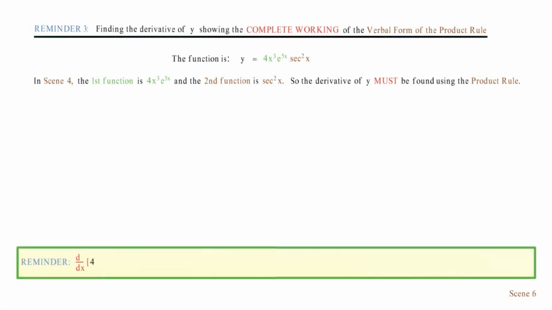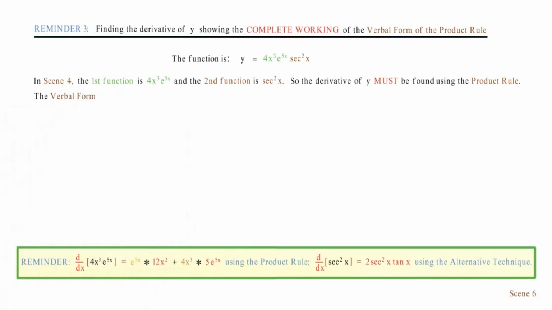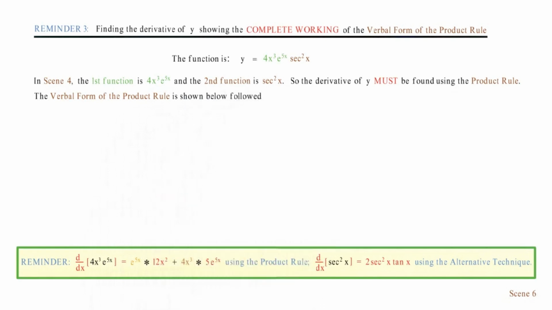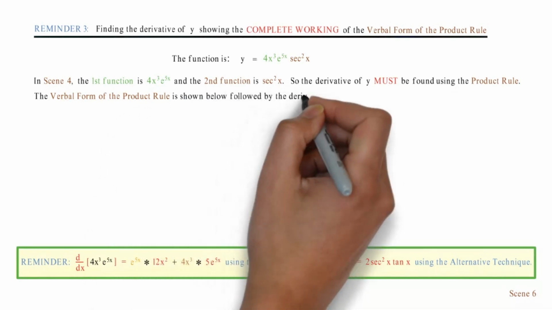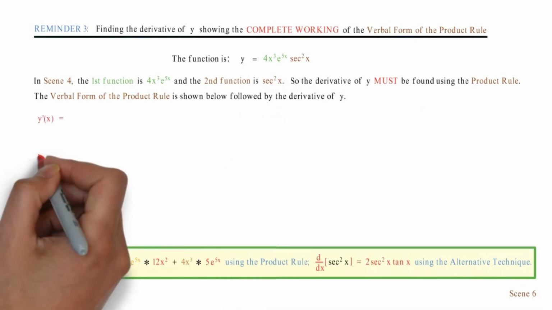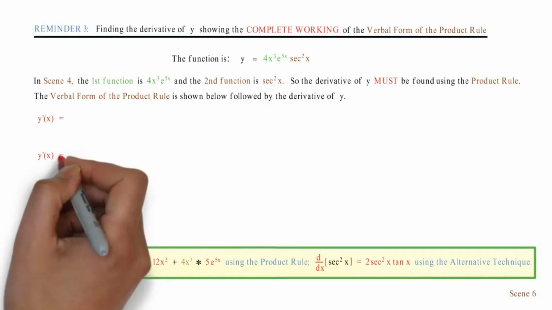Reminder. The verbal form of the product rule is shown below, followed by the derivative of y dash of x equals.